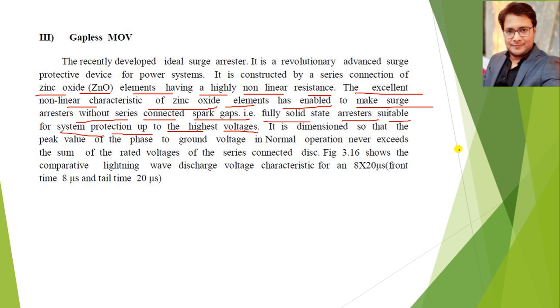It is dimensioned so that the peak value of the phase to ground voltage in normal operation never exceeds the sum of the rated voltages of the series connected elements. This shows the comparative lightning wave discharge voltage characteristic.